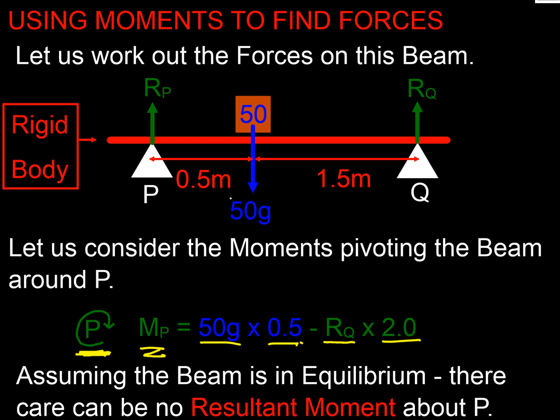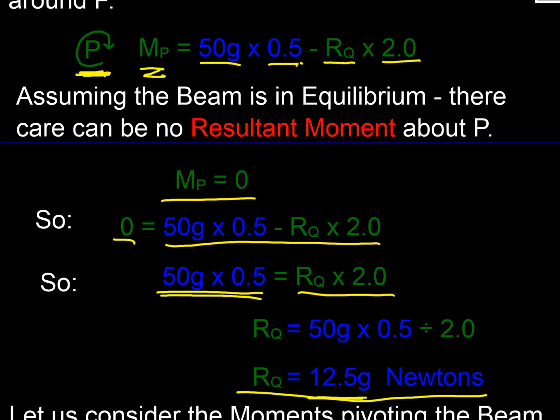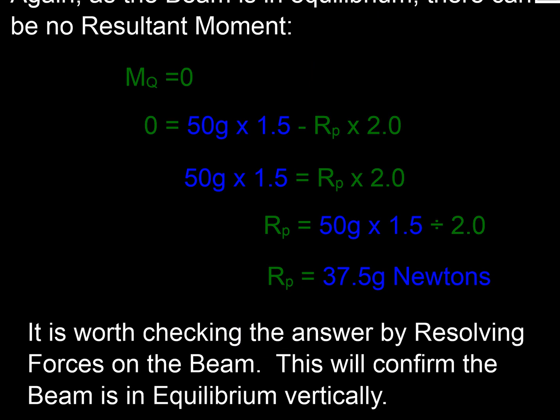And then we can do exactly the same thing to find the force at P. So if I now take moments about Q, I get no moment from Q because it's got no lever arm. I've got these two forces to deal with now. I've got this force coming down, creating an anti-clockwise moment, and I've got this force here going up, which is creating a clockwise moment, isn't it? So again, I could create my resultant moment.